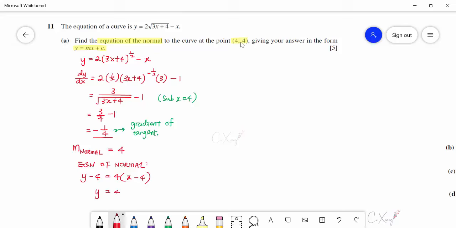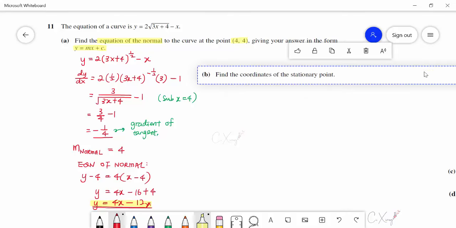From here, I have 4x - 16 + 4. Therefore, the equation of the normal will be y = 4x - 12. They want us to keep our answer in y = mx + c, so this is our answer, y = 4x - 12. This is what we have for part A.